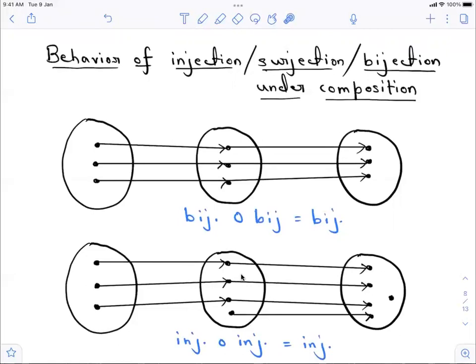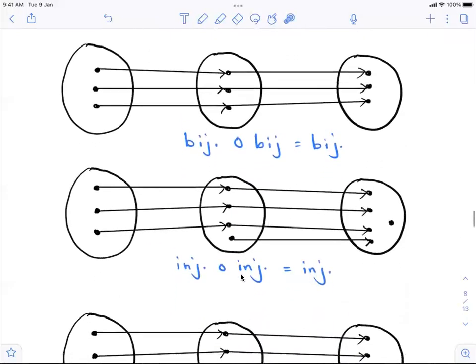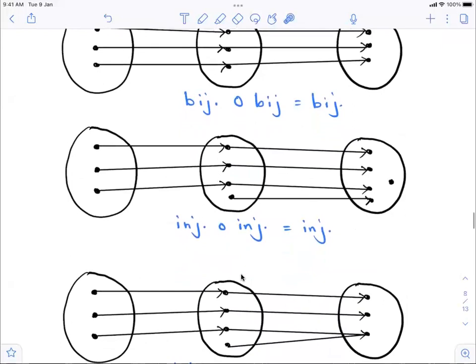Composition of two injectives gives you an injective, and composition of two surjectives gives you a surjective. Because bijective is both injective and surjective, composition of two bijectives naturally will be a bijective, provided we can show that composition of two injectives is going to be an injective.